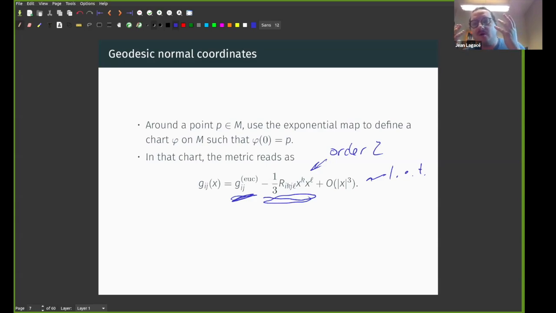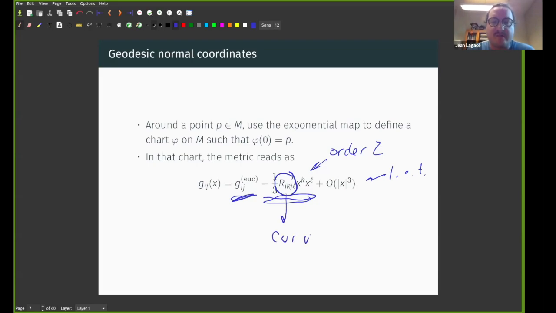What this means is that by using geodesic normal coordinates, we can see that not only is a manifold an object that locally resembles Euclidean space, one can arrange it so that it locally resembles Euclidean space to second order. And it tells us even more than that. What is the coefficient here?